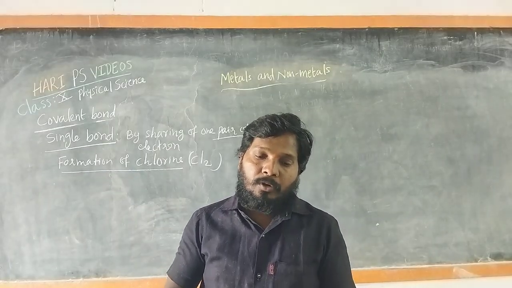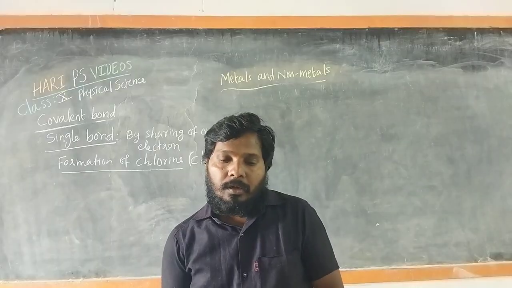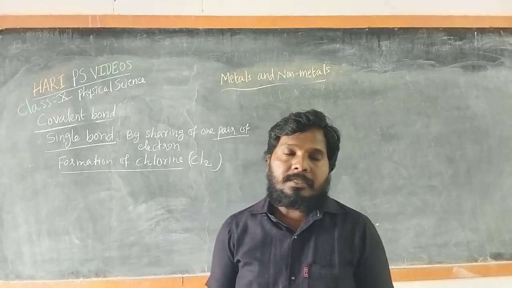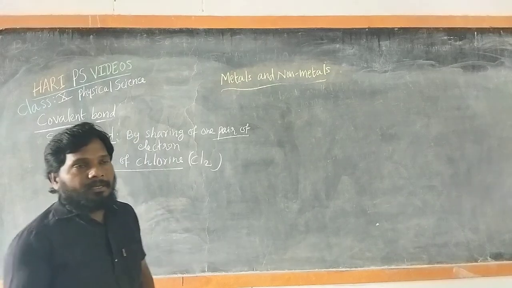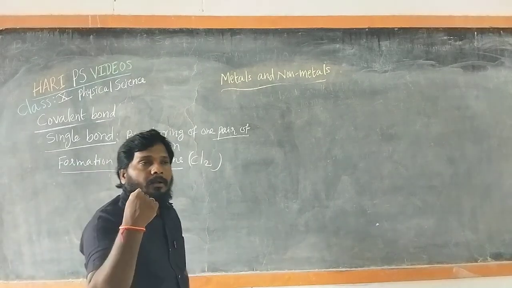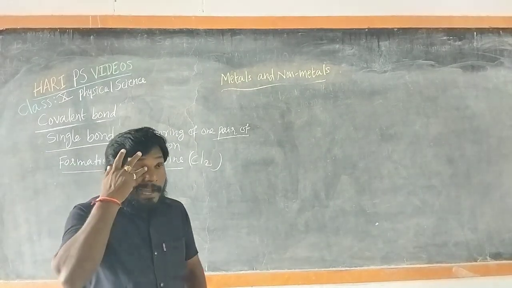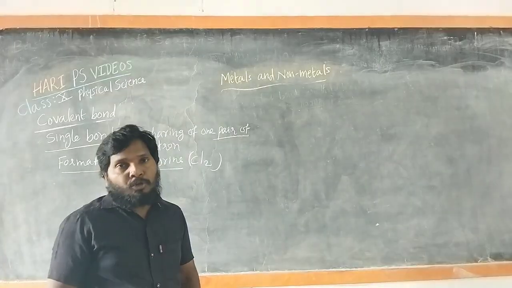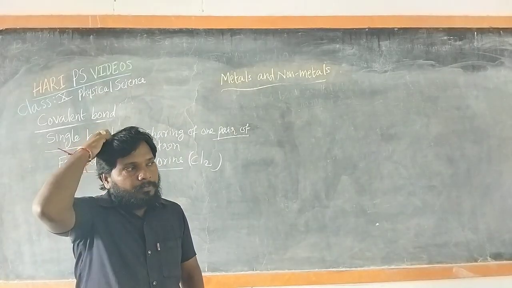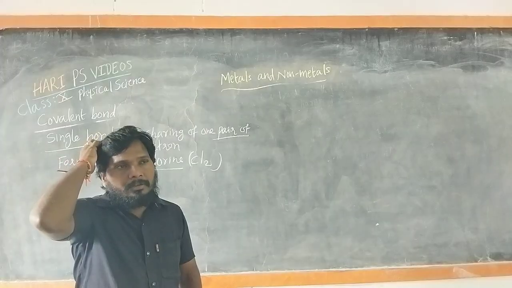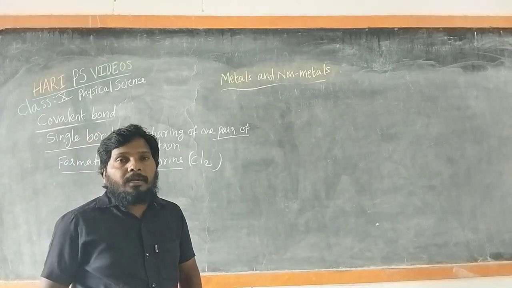Each molecule of chlorine contains 2 chlorine atoms joined by a single covalent bond. So chlorine, oxygen, nitrogen are diatomic molecules, as you know from class 9, atoms and molecules.